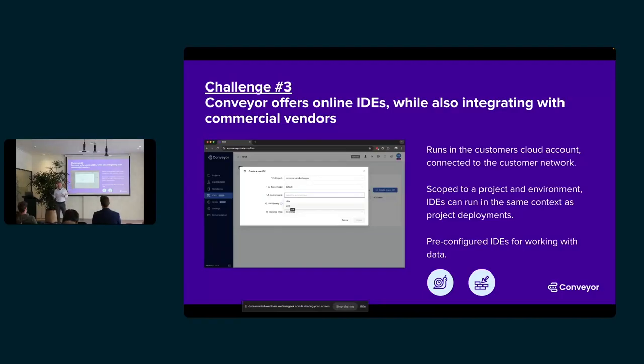So every IDE is limited to a project and an environment, meaning if you have a data pipeline running for project wind energy and it's running in the optimization department environment, you can start your IDE in exactly the same environment, meaning you have exactly the same context as the pipelines you're developing for.